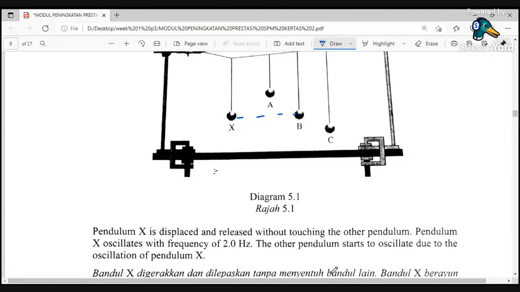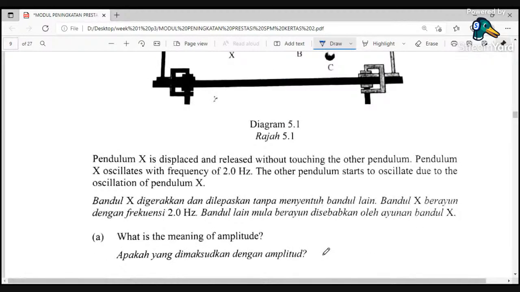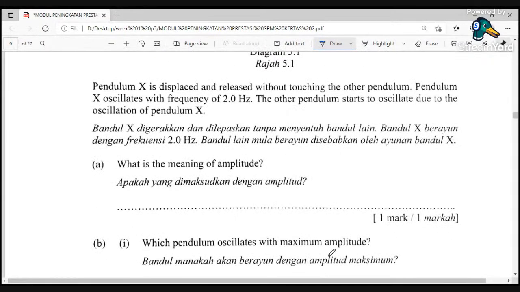The other pendulums start to oscillate due to the oscillation of pendulum X. What is the meaning of amplitude? Amplitude is defined as the maximum displacement from the equilibrium point. Okay.